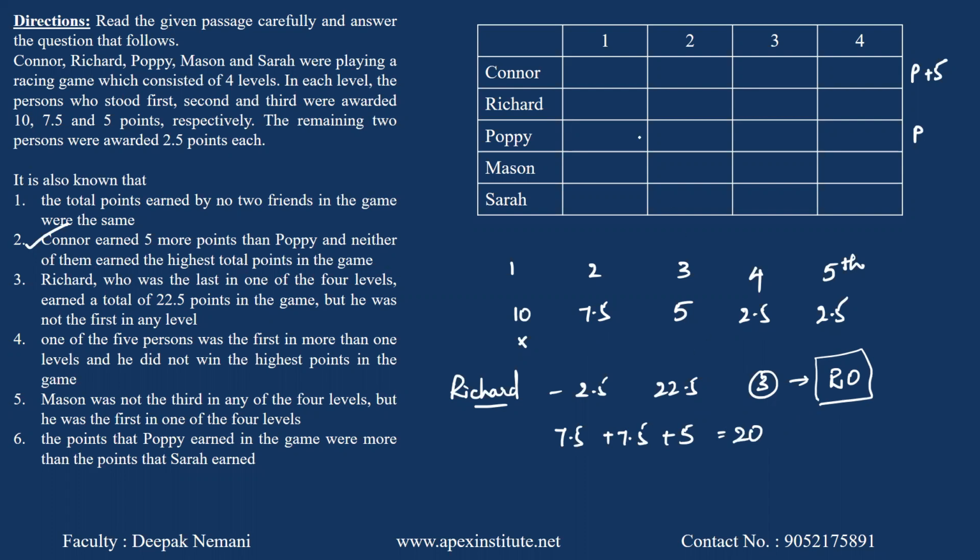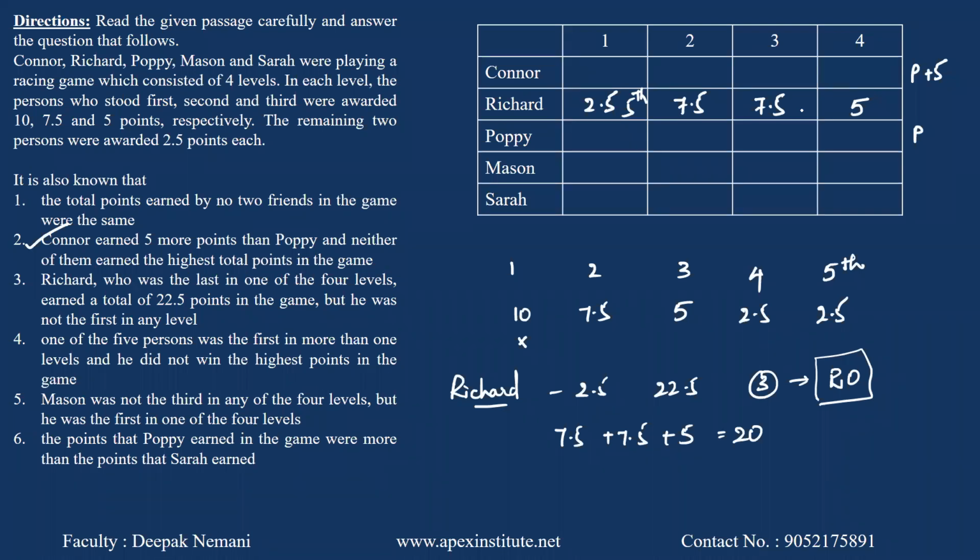So in one round Richard was last and fifth, in two rounds he was second, and in the last round he was third. This can be in any order, guys. It's not mandatory that he was fifth in level 1, second in level 2, and so on. We have nothing to do with the order here.